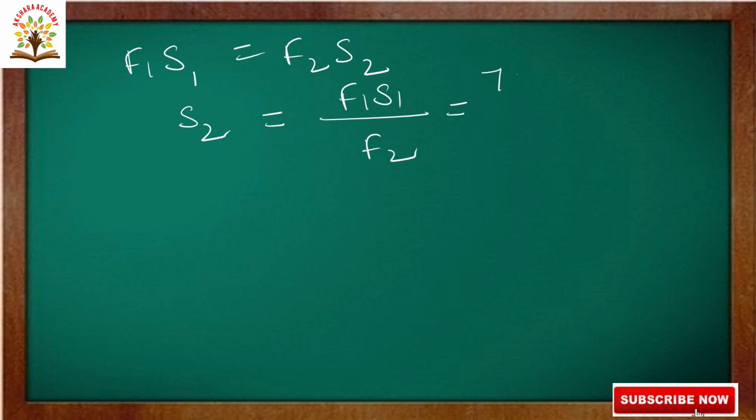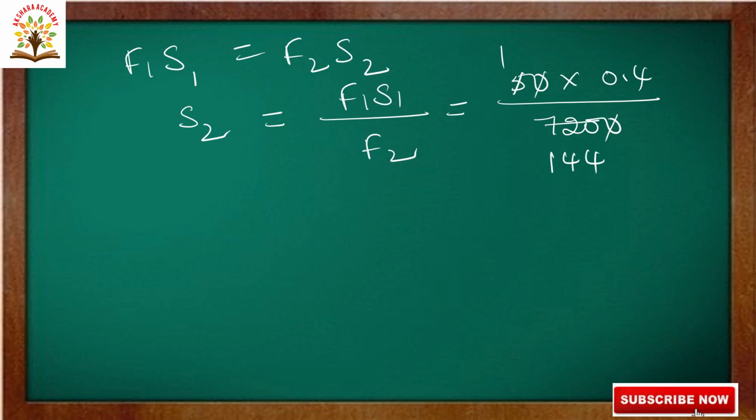F1 is 50 kilogram weight, S1 is 0.4, F2 is 7200 kilogram weight. So here 0 gets cancelled, 5 ones are 5, here 5 ones are 5, 5 twos are 4, 5 fours are 20, again 5 fours are 20.